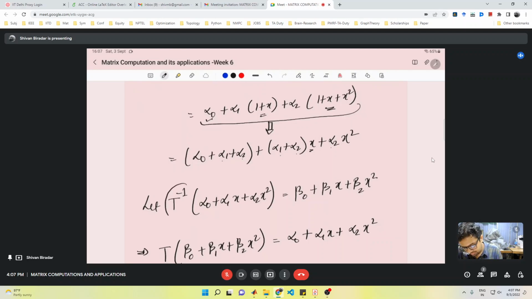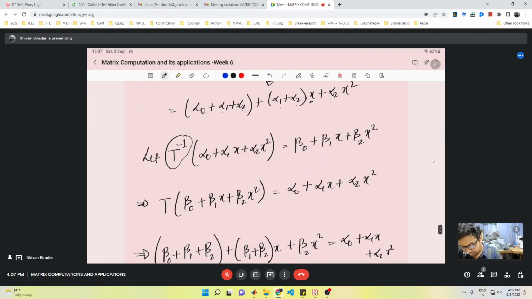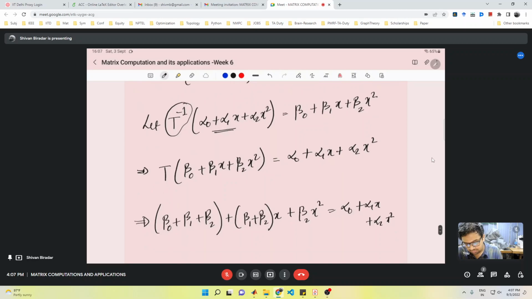We have the task of finding what this T inverse is. So let us assume that the T inverse of this second degree polynomial is beta naught plus beta 1 x plus beta 2 into x square. Okay. So when T is a linear transformation, right? So T can be sent on this side. This would be T into this second degree polynomial.